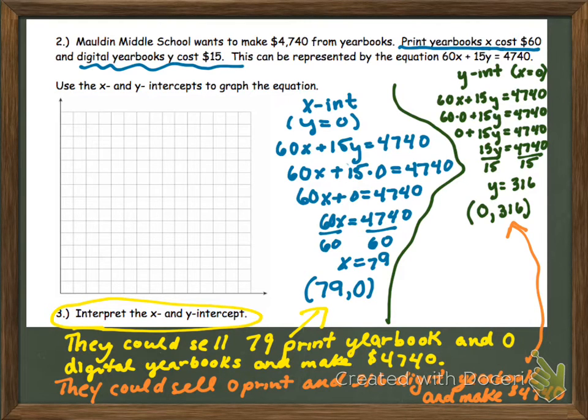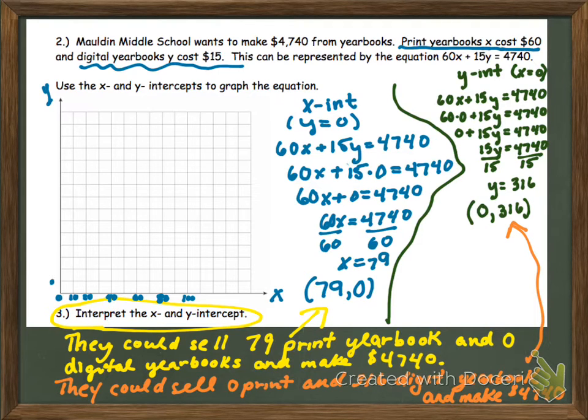So when we plot those intercepts, we've got our x and our y. We need a scale there. I think I'm going to make my x-axis by tens just so I can fit everything on there: 20, 30, 40, 50, 60, 70, 80. I'm just writing every other one here just so I have room. And then 90, 100. And then on the y-axis, I'm going to count by 50s.